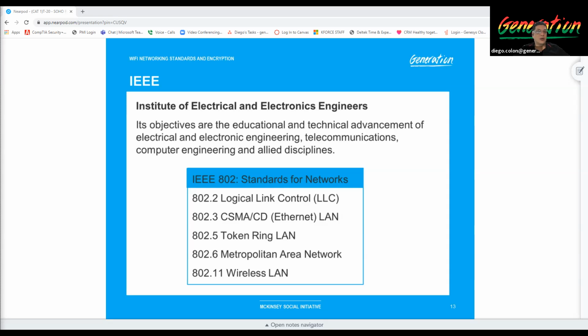You have the 802.6, which is the MAN, and the 802.11, which is the wireless LAN. Those are the numbers that correspond to that type of technology. Token ring, if everyone remembers, is pretty much outdated and no longer used in networks. Questions?